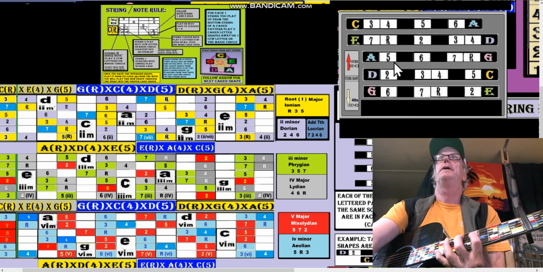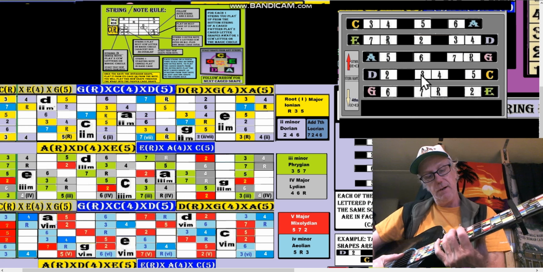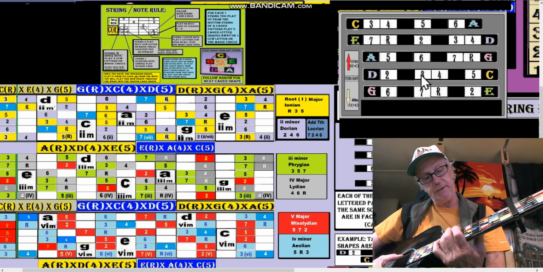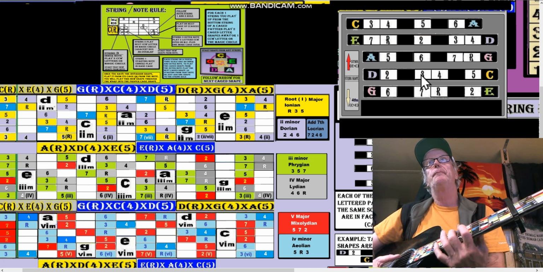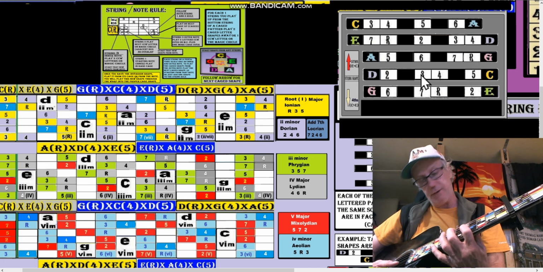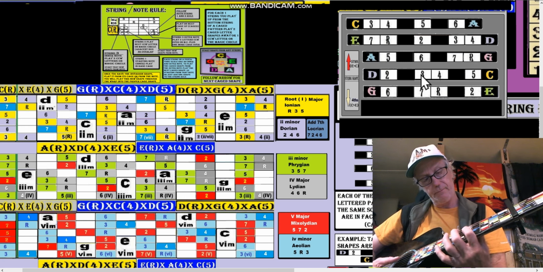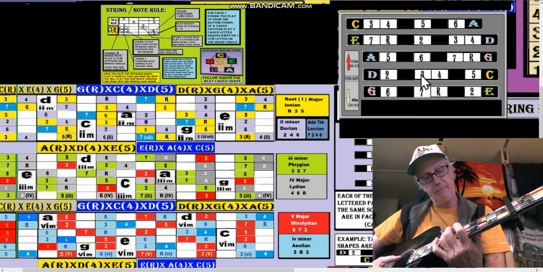But if we're heading this way up the G shape, we're going to be using the D shape and the A shape. So we want to internalize. We're going to take the 3 from the D shape there, and then the 5 from the A shape, just like that.